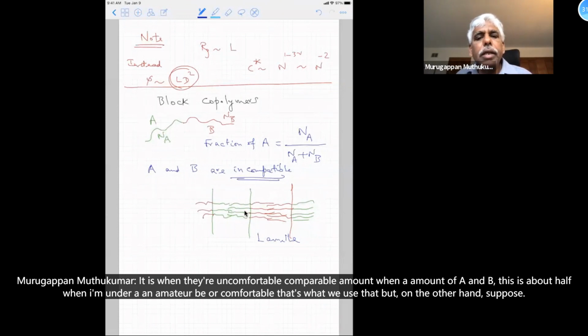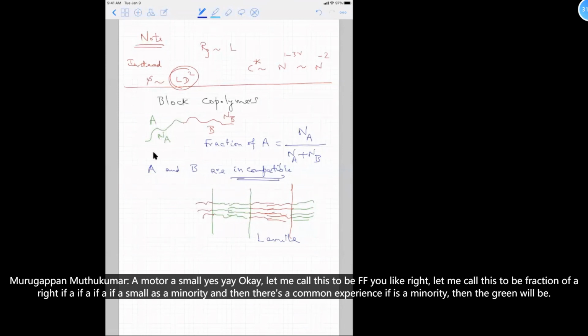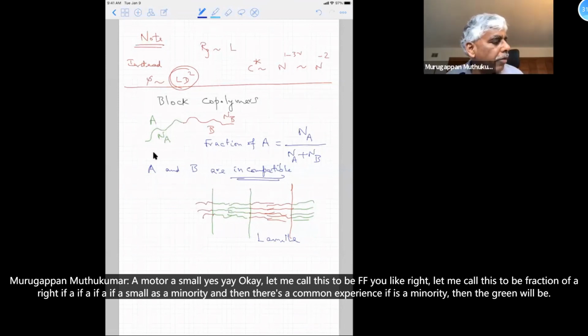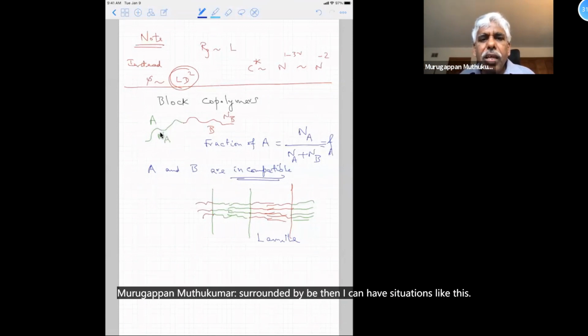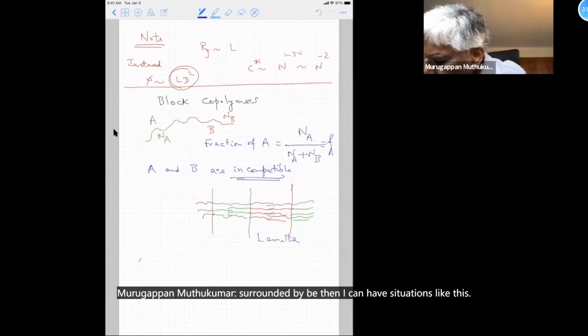But on the other hand, suppose amount of A is small. Let me call this FA, the fraction of A. If FA is small, A is a minority, and then it's a common experience that the green will be surrounded by B. Then I can have situations like this.